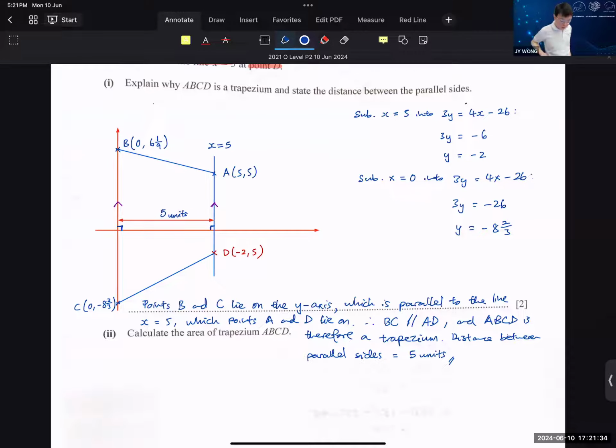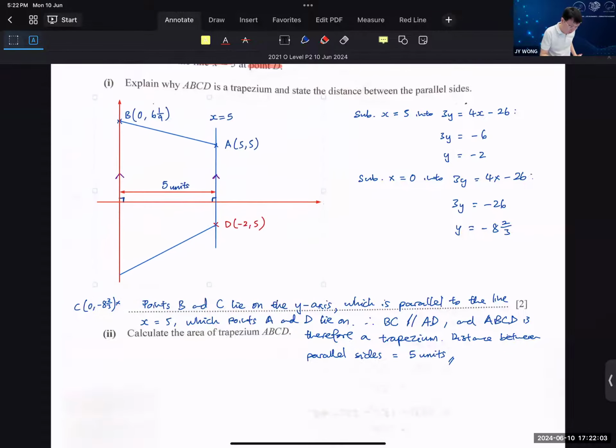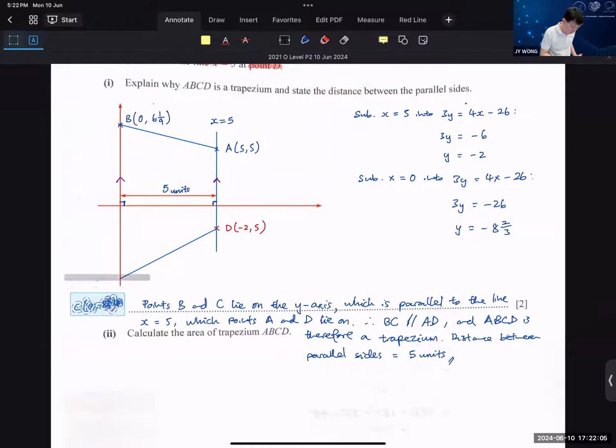You just find basically the y coordinate of D, and you find the y coordinate of C. That's all you did. The diagram, this kind of diagram journey, doesn't carry any mark. So in terms of actual number of working steps, you only have these 2 working steps. So it also doesn't make sense for them to give you too many marks because there are only 2 working steps. So it's kind of strange, but it's just how it is.